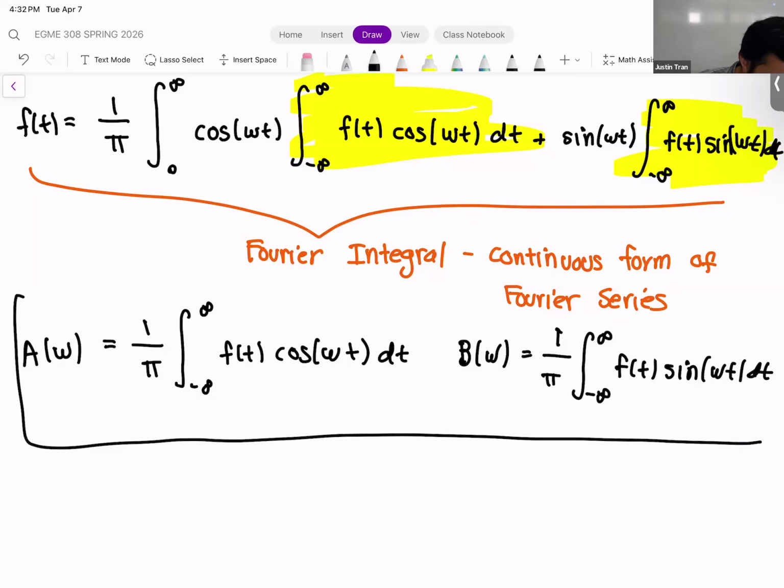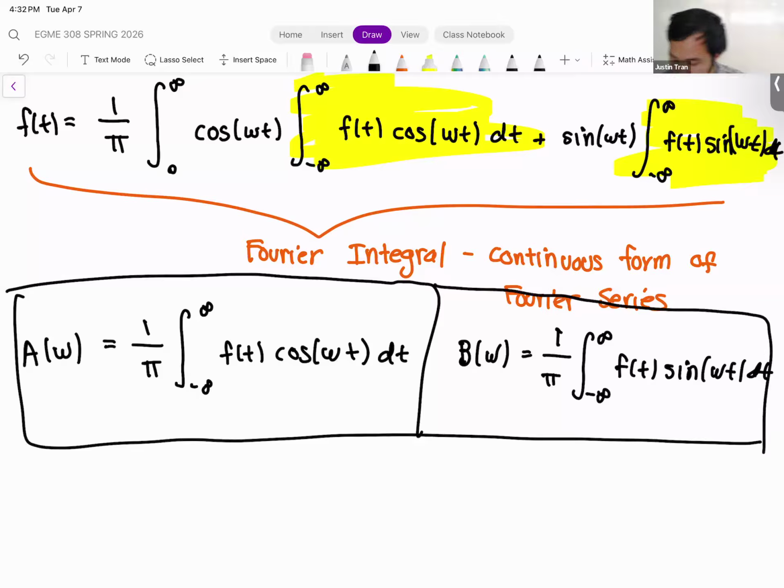So I'm going to box these ones just because these are a bit more useful. Right, so this right here is our first look. It's not the final form, but it's our first look at what we consider the Fourier transform.